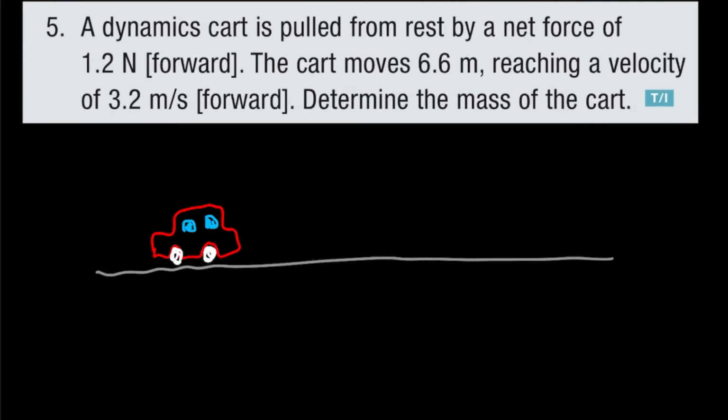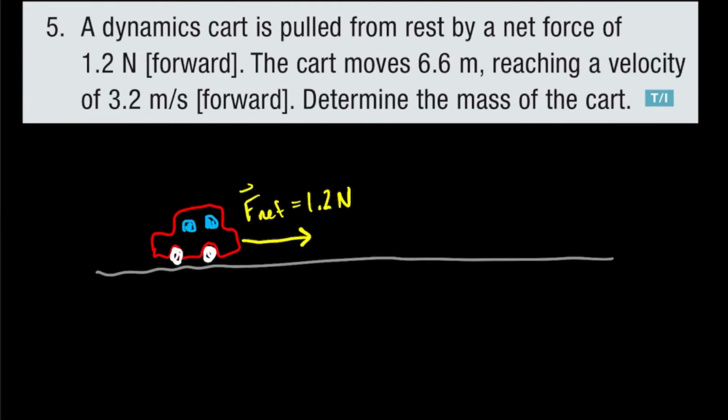So we have a cart and it's being pulled from rest by a net force of 1.2 newtons forward. In this case, we are going to assume forward is to the right. So the direction is to the right, and we indicate that forward is the positive direction.